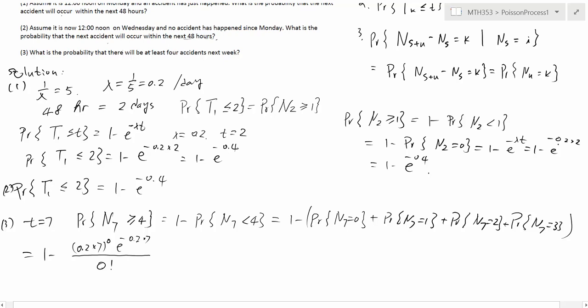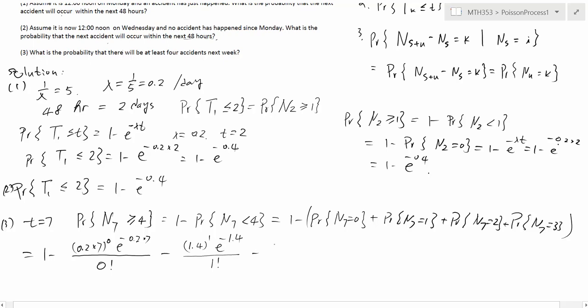Let's see this pattern again. Next, minus N7 equal to 1. We notice t is always 7 and lambda is always 0.2, so we always have 1.4. Next it's still 1.4, but now to the power 1 and e to the negative 1.4, over 1 factorial.